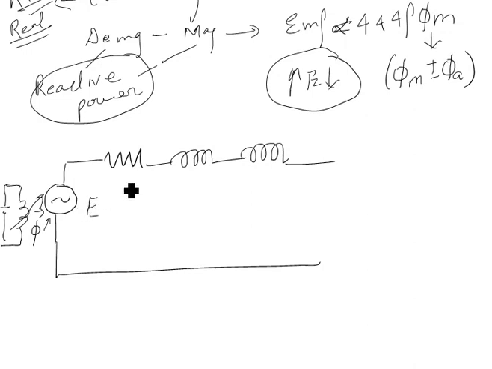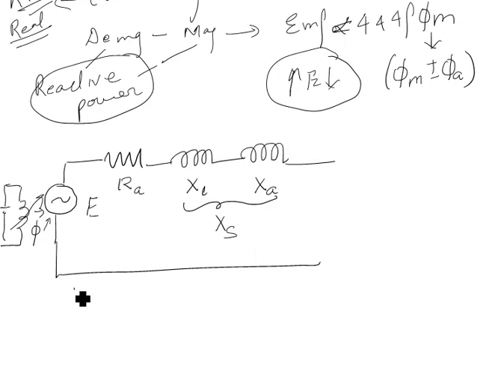Then there is a drop in the stator, called the armature drop, armature resistance RA. Then there is XL, the leakage reactance, and then there is XA, the armature reaction reactance. So this whole thing gives you XS, the synchronous impedance.